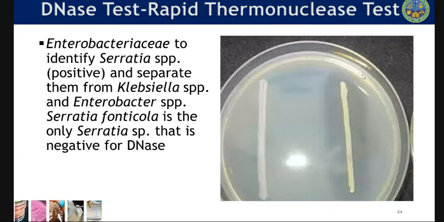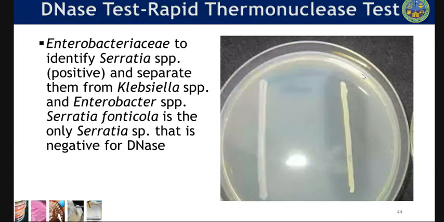If you see a zone of clearing around the colonies, that denotes a positive reaction. After incubation, you need to flood the colonies with one normal hydrochloric acid. If there is clearing, positive; no clearing, negative. Again, this is usually positive among species of Serratia.